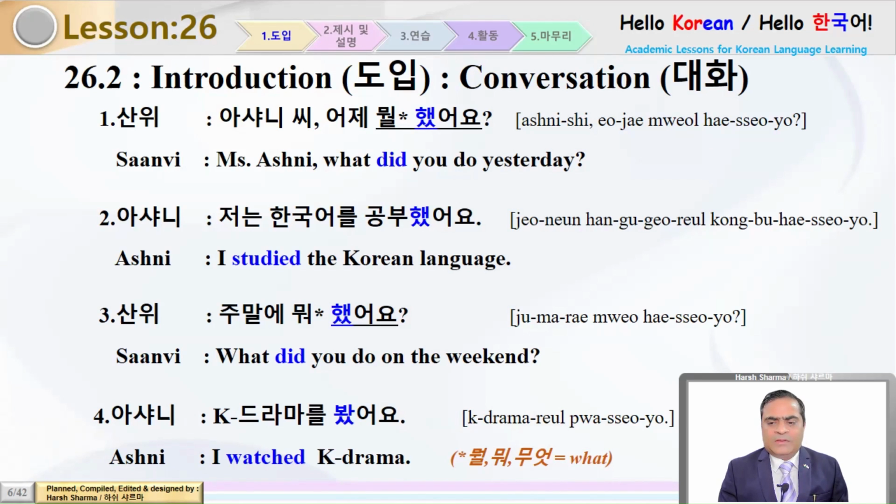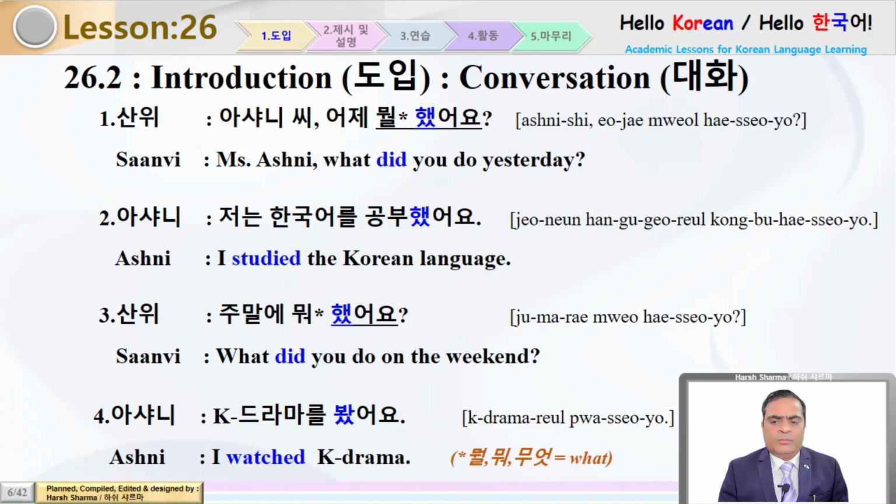So let's do the repetition once. I will say and you have to repeat with me. Sentence number one is 아시니 씨, 어제 뭘 했어요? One more time. Well done. 저는 한국어를 공부했어요. Third sentence, 주말에 뭐 했어요?